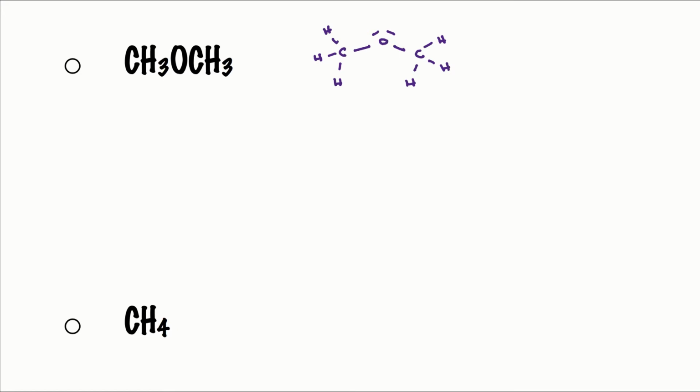So if I were to have another dimethyl ether molecule right next to it, because these guys have a permanent dipole, they will form dipole-dipole attractions with each other. They cannot form hydrogen bonds. So if I were to draw the attractive force, that would be dipole-dipole forces.